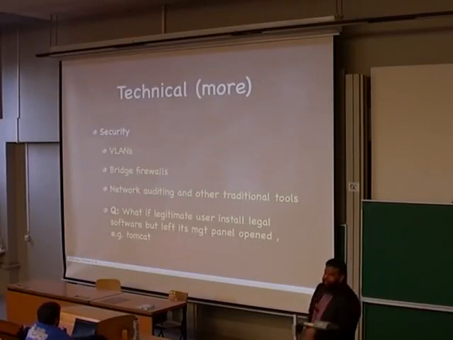So this is the real problem which we faced. And we got blocked by our KTH IIT because one of the legitimate users did this, and he was not aware of that. Anyhow, this was the issue which is still in question.